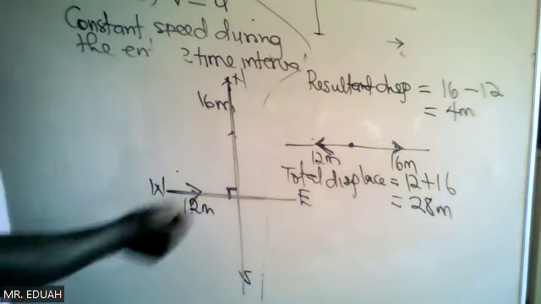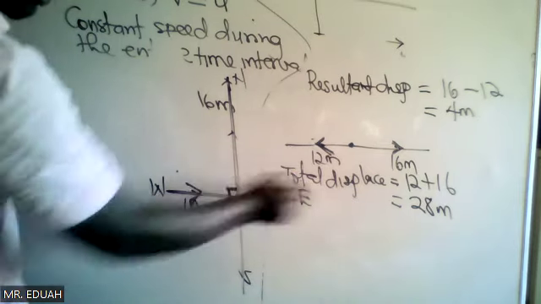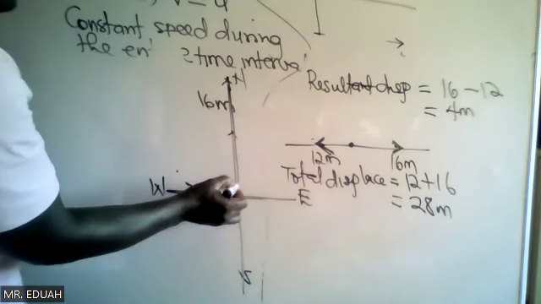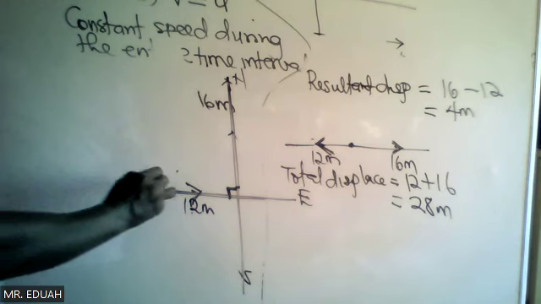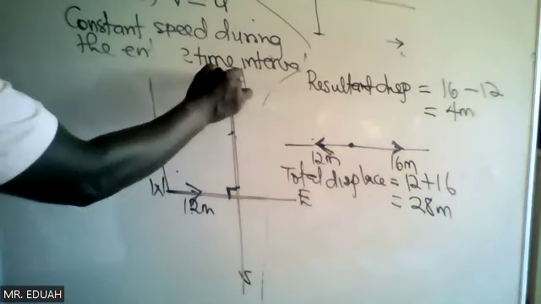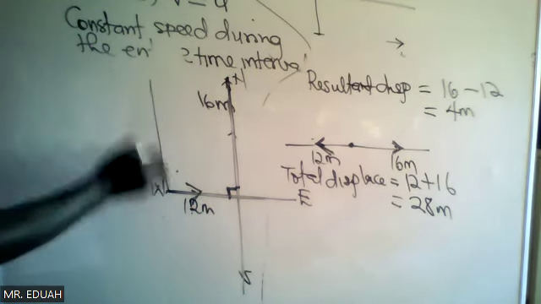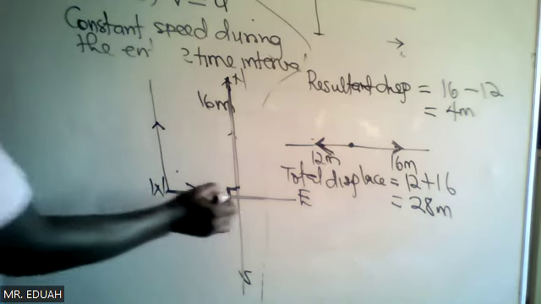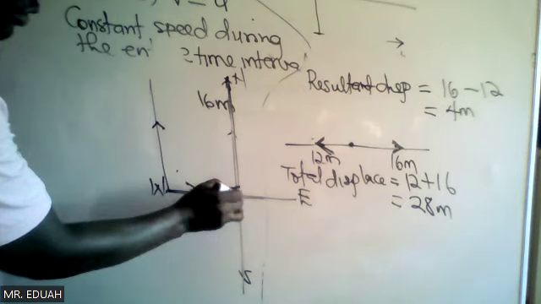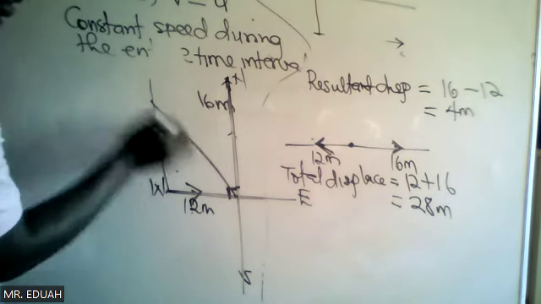To resolve it, the angle between the horizontal and the vertical plane is 90. Once this is 90, equal vectors, we can bring this and put it on the horizontal one. And we can find their resultant using Pythagoras theorem.